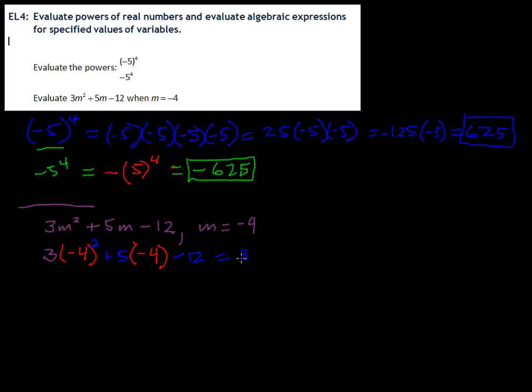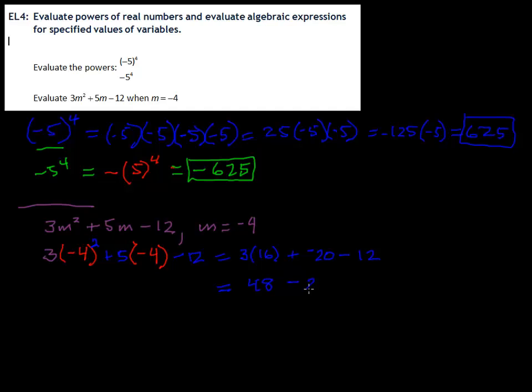So this is 3 times 16, -4 times -4, plus, and in this term we have -20, and then minus 12. Order of operations says we will evaluate this product here. 3 times 16 is 48, plus a -20.